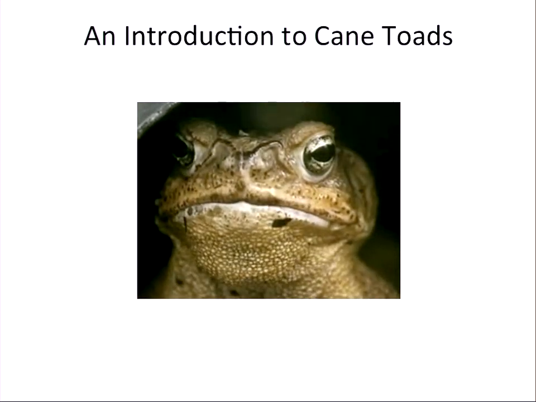So they're really a big threat to lots of wildlife in Australia where they've invaded. And not only do they eat everything, but when things eat them, they die because the cane toads have these poisonous glands on their back. So when wildlife or pets or even children attempt to eat cane toads, bad things happen. So they really are a big deal.